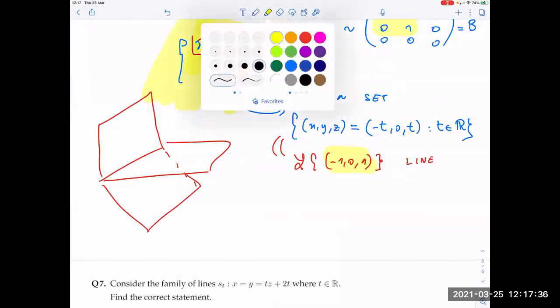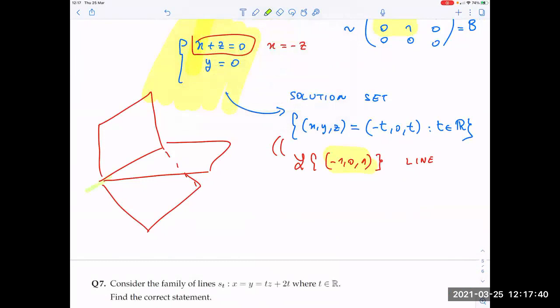And the line is precisely the one we computed here. So here is the line we computed, the intersection of the 3 planes. Okay. Any question about how we solve this? And since the intersection is a line, it's not empty, it's not a point.